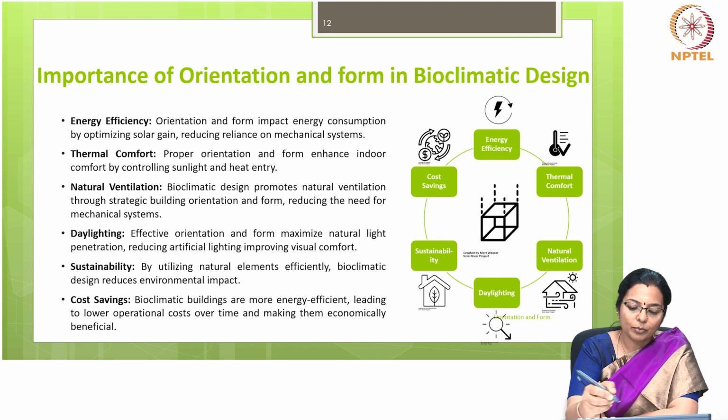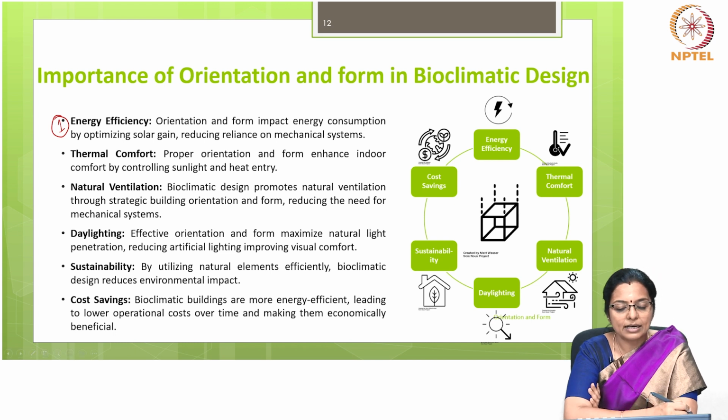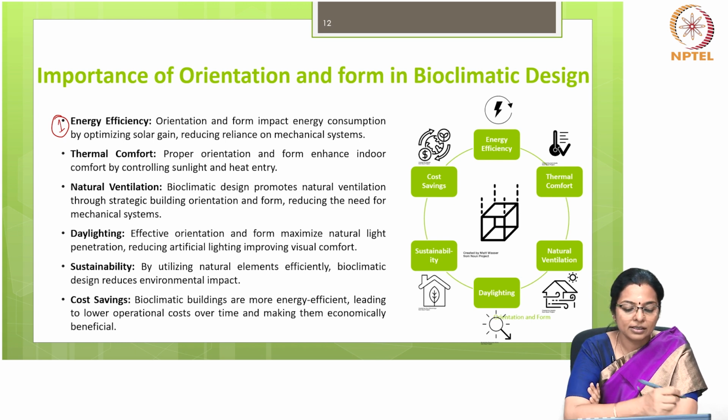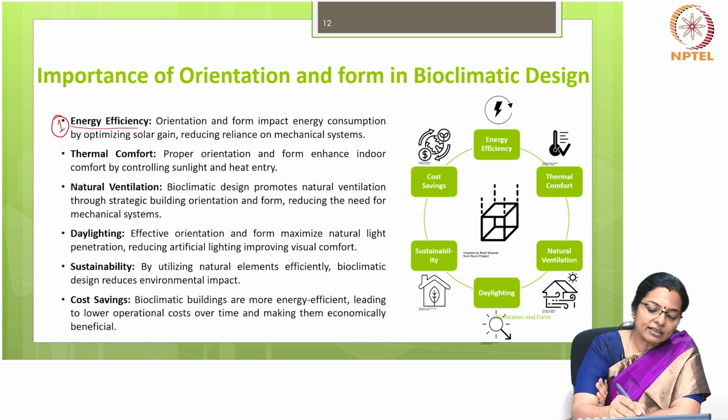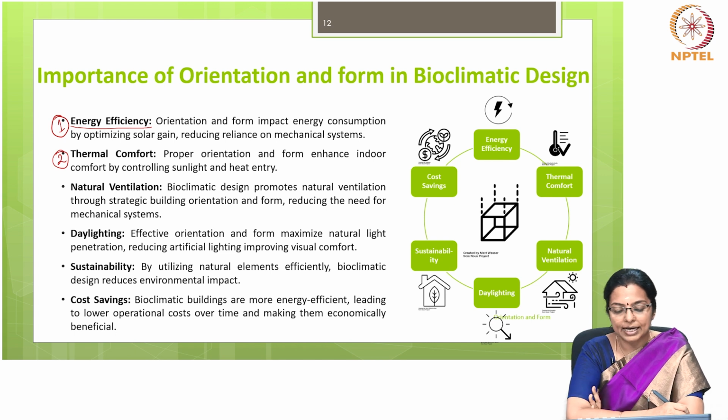So, having a proper orientation and form can impact energy consumption because we can design buildings which are comfortable just by proper orientation and by having a proper form, therefore reducing the load on the mechanical system, giving us energy efficient buildings. Such buildings can also enhance the thermal comfort inside.